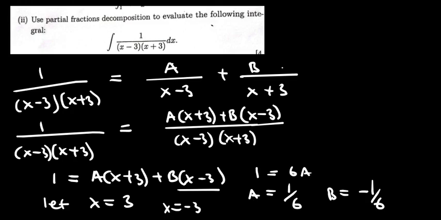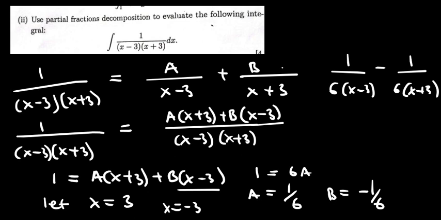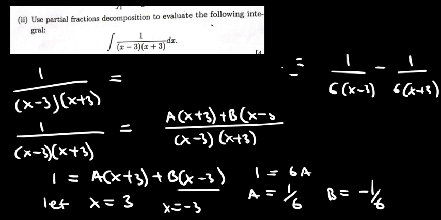So now I can replace that on top, and I'll have 1 over 6 times x minus 3, then plus b, which will be minus 1 over 6 times x plus 3. After getting that, I will introduce, of course, the integral, because in our question we have to integrate. So this side also has to have an integral dx.